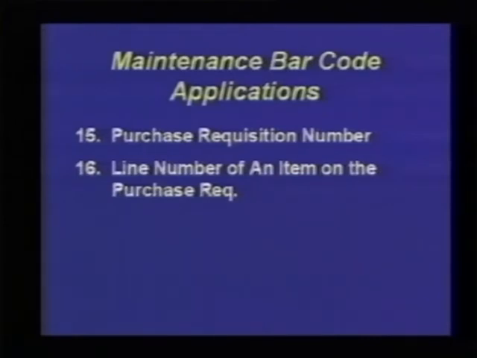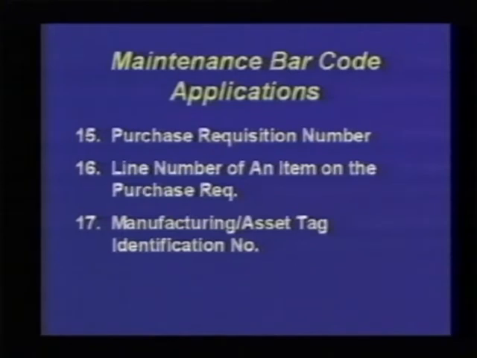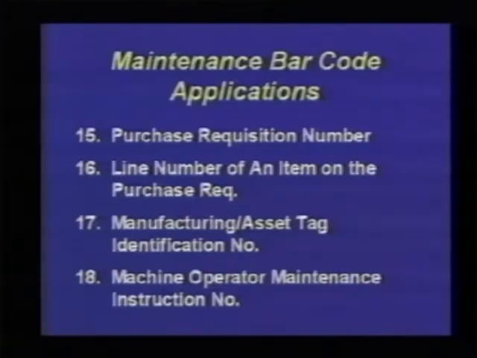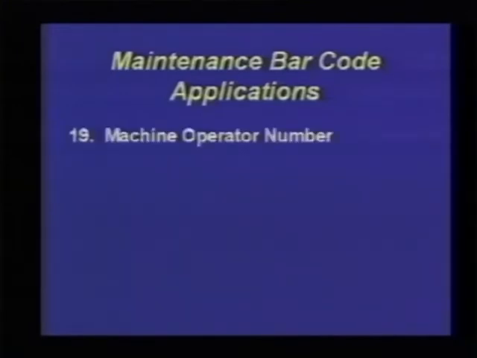On 17, we can actually barcode our assets out in the shop or in, let's say, other areas other than manufacturing. So all assets can be barcoded. Machine operator instructions can likewise be barcoded. The machine operator number itself can be barcoded.